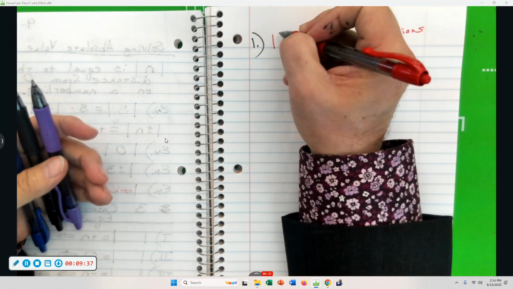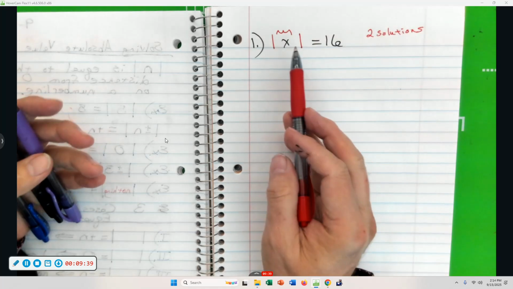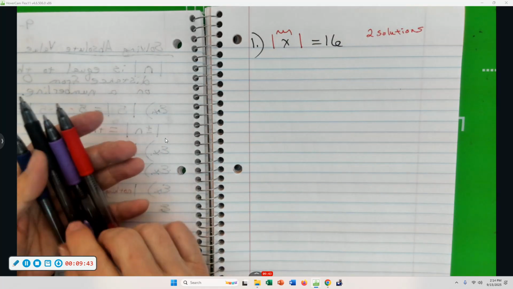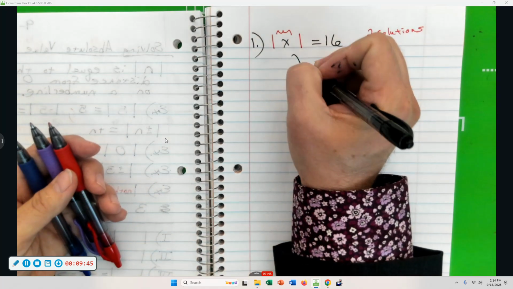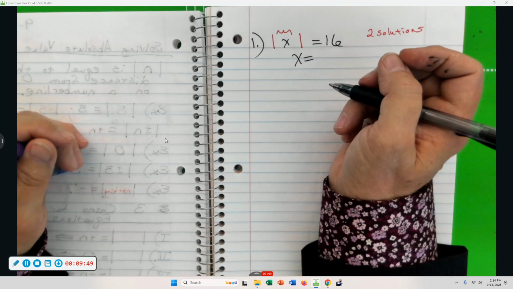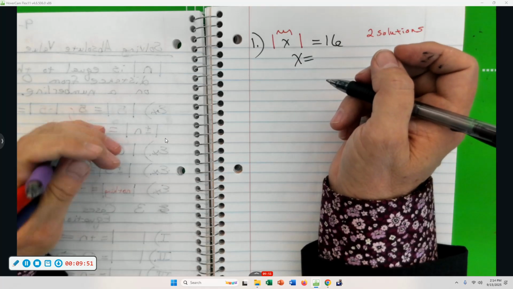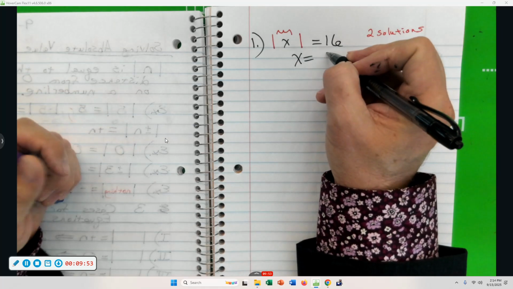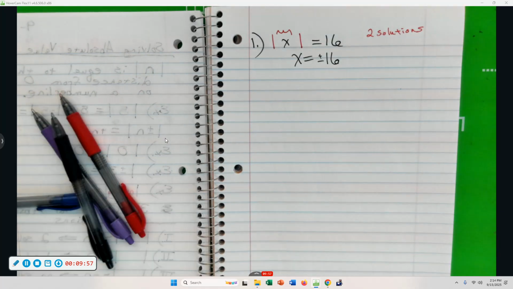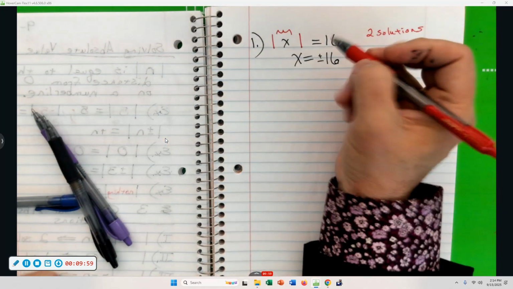What does x have to equal so that when you take the absolute value, you get 16? What numbers have an absolute value of 16? 16 or negative 16. So we'll just type in plus minus 16.